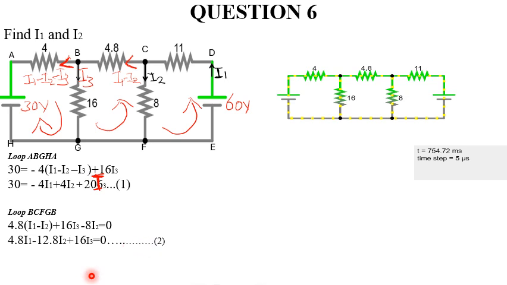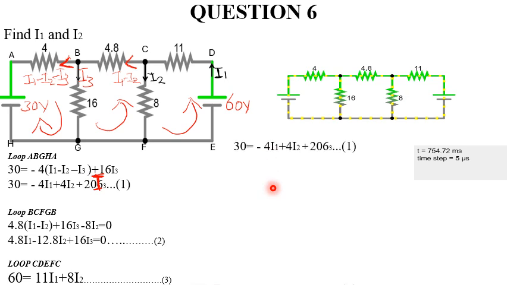Then we can take our last loop, which is C, D, E, F, C. Here we have one voltage source, and KVL says sum of voltage sources is equal to sum of voltage drops. So we have 60 here, moving in the anti-clockwise direction, is equal to 11 I1 plus 8 I2. That becomes our equation 3.